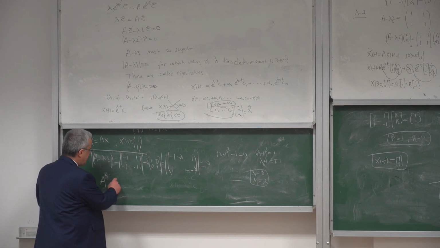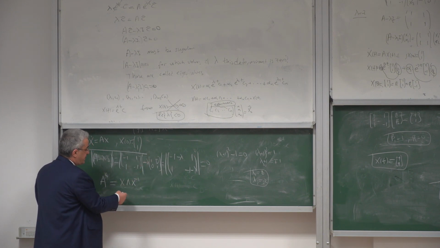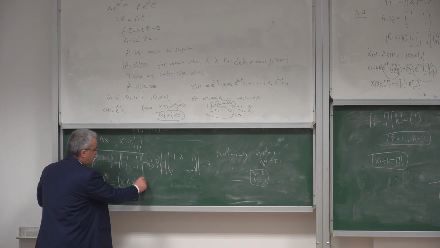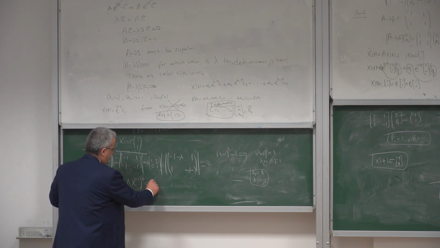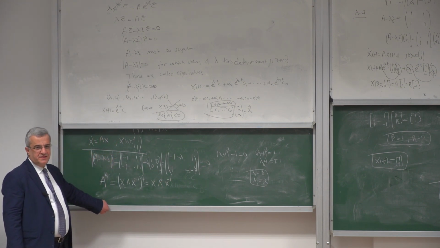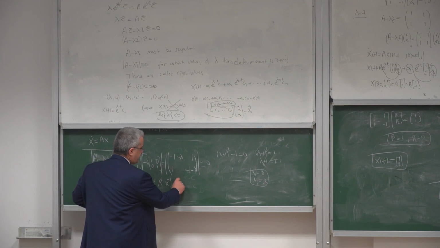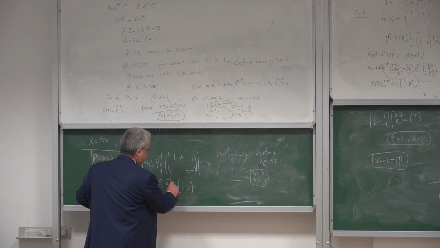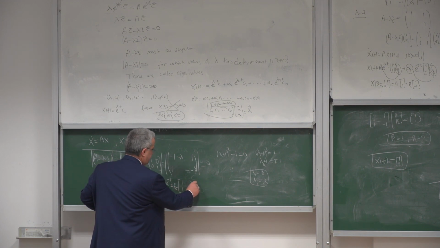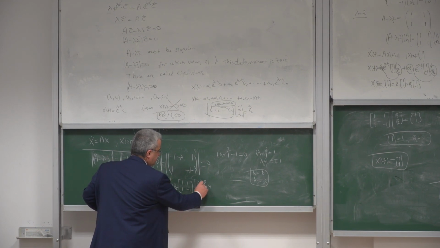A is equal to X gamma X inverse, and in this case X star. So A to the 4 means X gamma to the 4 X star. In this case, what is X? X was 1, 1, 1, minus 1, times 1 over square root of 2. Then you have here 0 to the 4, minus 2 to the 4, 0, 0.